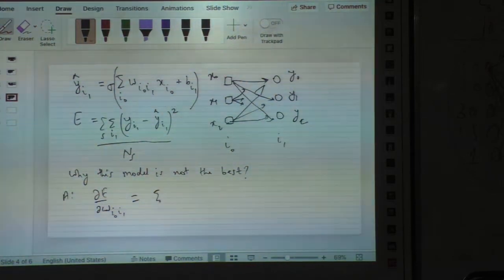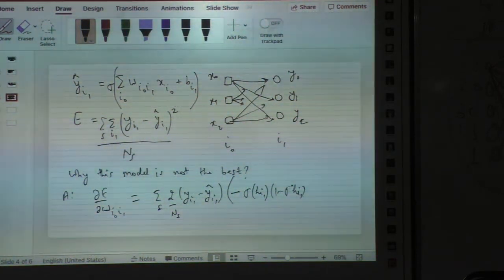If you compute the summation over S of (y_i1 minus y_i1 hat) upon N_S, and then minus, let me call this h, so it is sigma of h, right, into something like this.